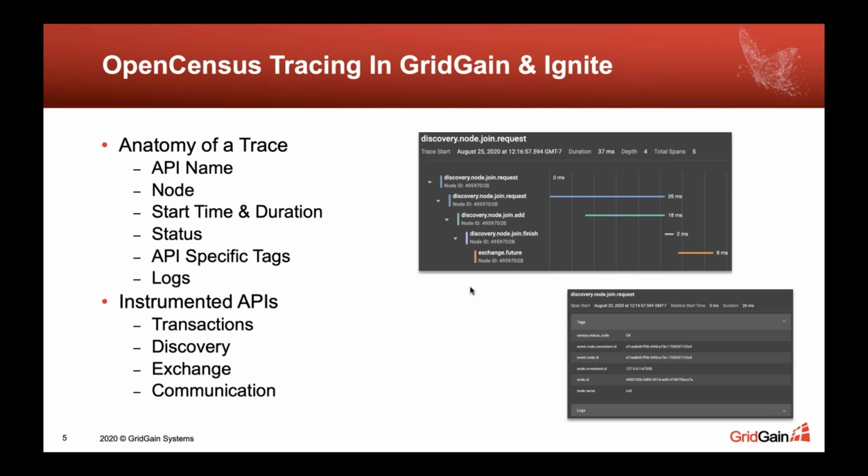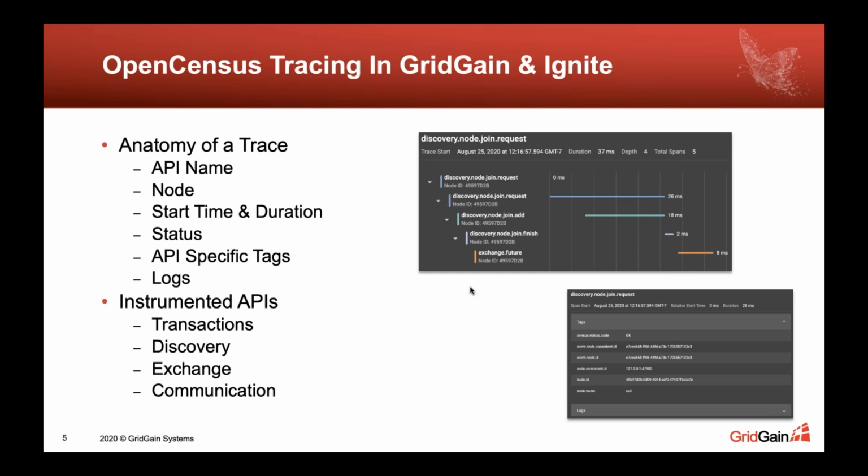And then depending on the API, you may have some additional specific tags that we add. That could be things like a stack trace. It could be things like, in the case of discovery, your topology version, whether it's incremented or not. It could be any number of additional internal information about that API. And then it could also have a pointer to relevant logs in that span.